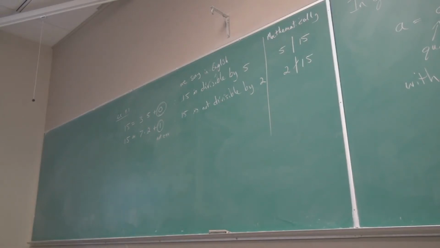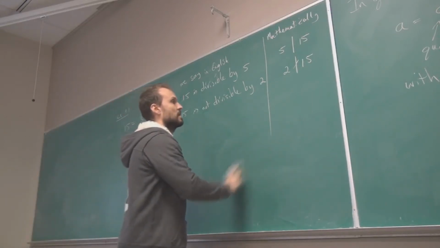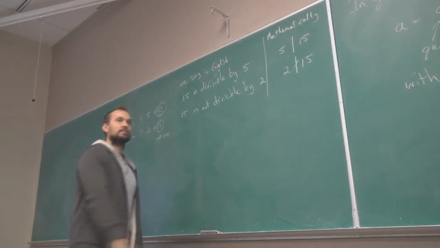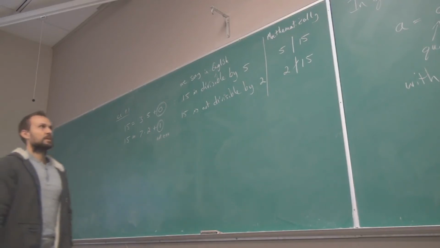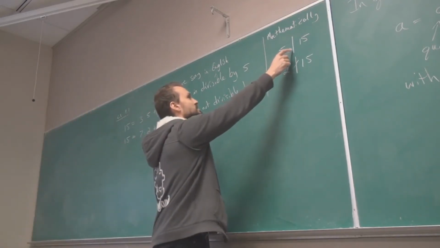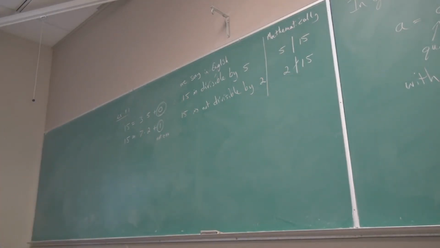A diagonal line. And that would mean it's not divisible. Exactly the same thing in different languages. And we have to be able to read both languages. The English one we can already read. It's just the other one. So that will be our divisibility symbol and not divisible symbol.